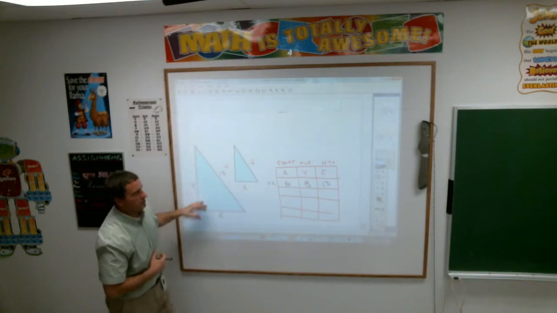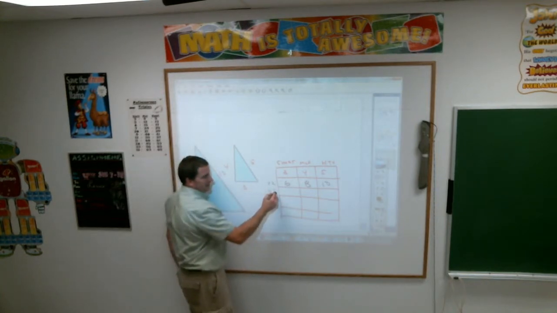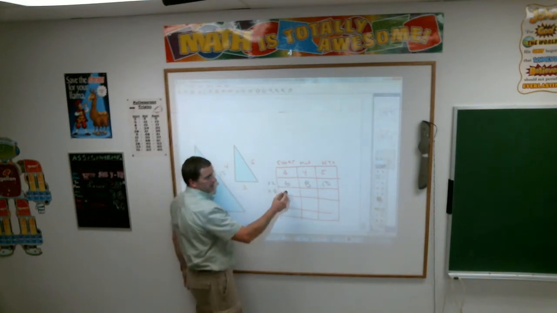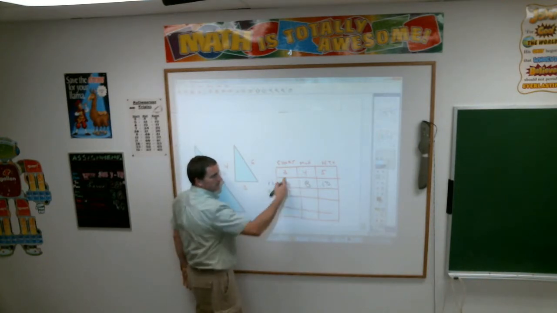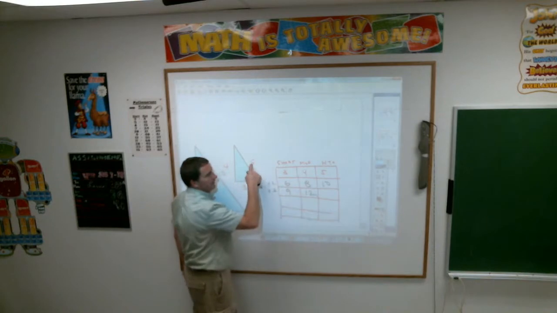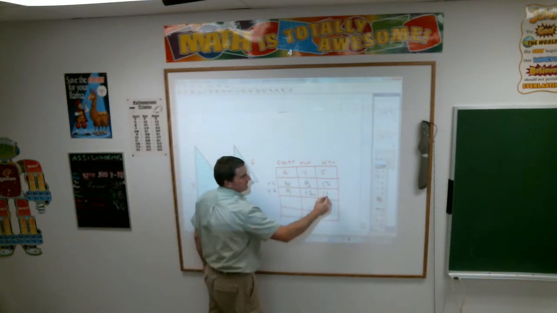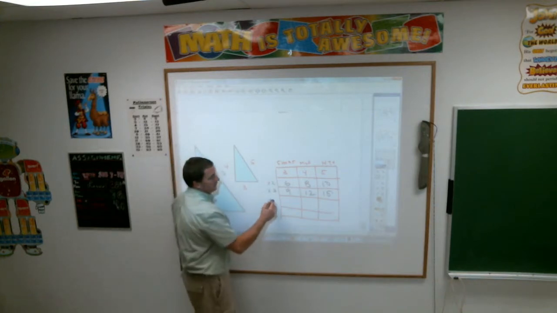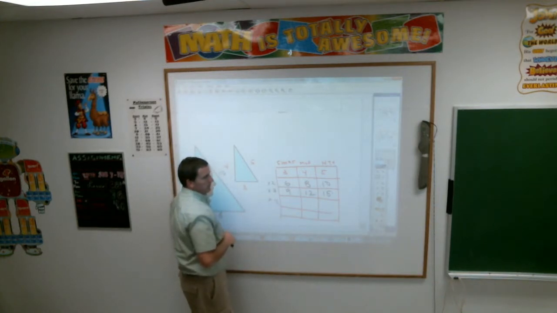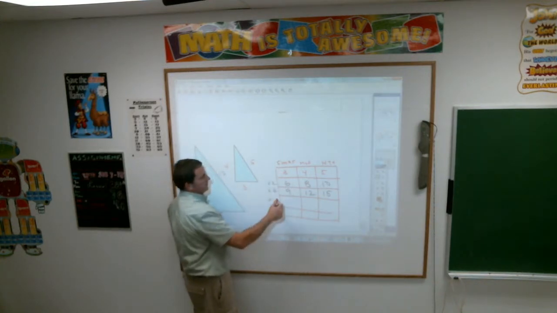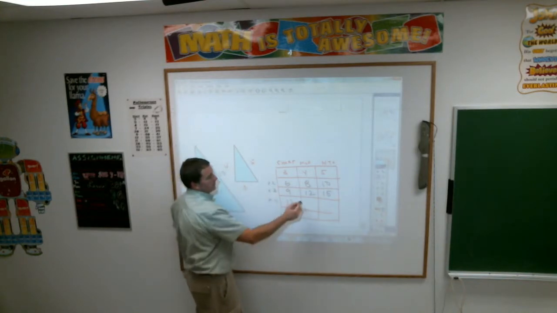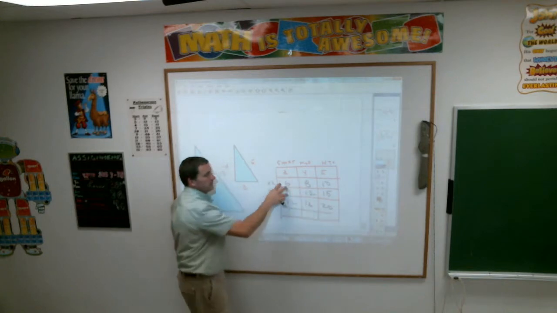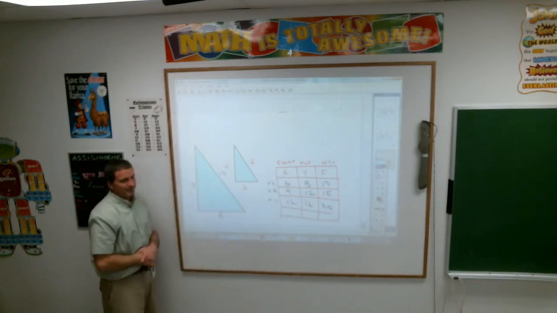If I did it times 3, what's another triple? 3 times 3 is 9, 4 times 3 is 12, 5 times 3 is 15. Are you with me? And if I did it times 4, it would be 12, 16, 20. All of these are triples, you just have to be able to recognize it.